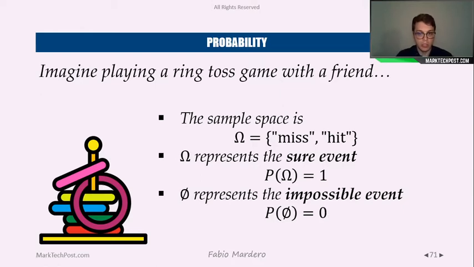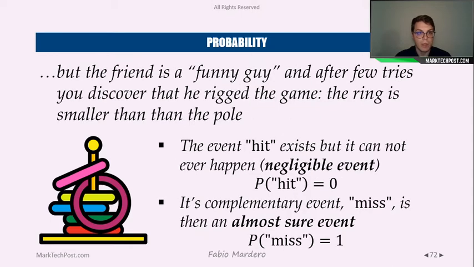That's what we have seen so far. But there could be something else. Let's say that this friend is a funny guy, and after a few tries you discover that he rigged the game. The ring is smaller than the pole, not like in the picture.